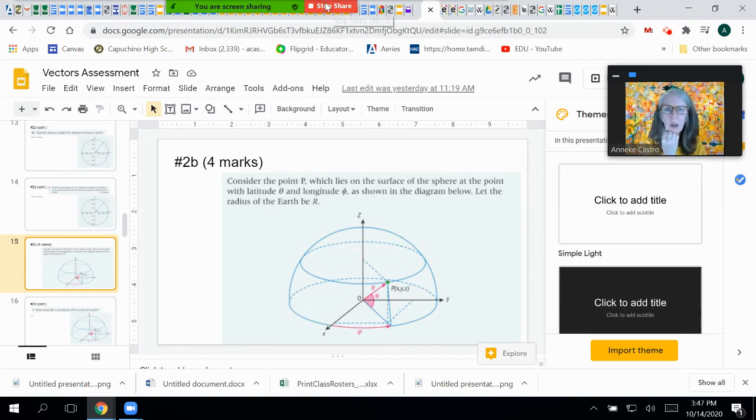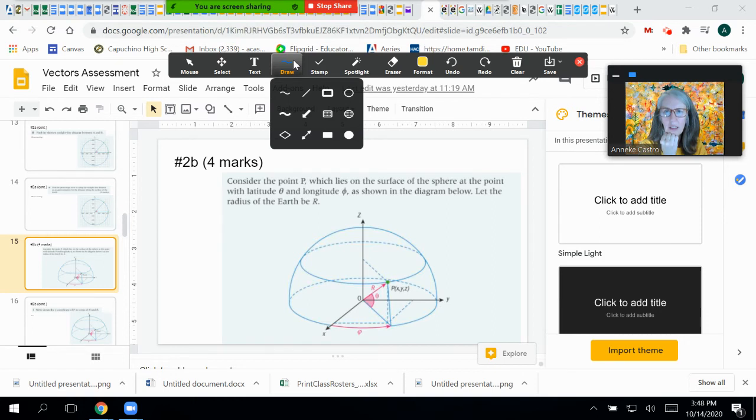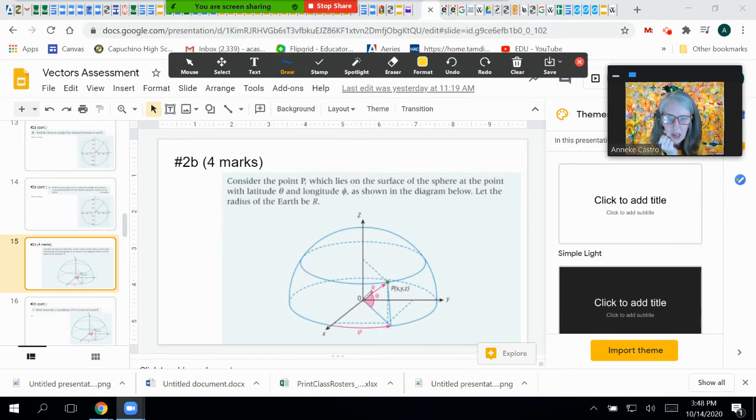Let me annotate them real quick to help you see them better, because I know this is really hard to see in these 3-dimensional images. There's a triangle right here. There's one triangle, and then the other triangle. This angle right here is my degrees of longitude, that's my phi.